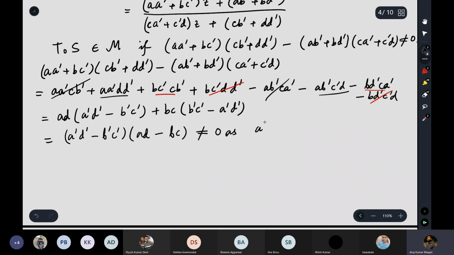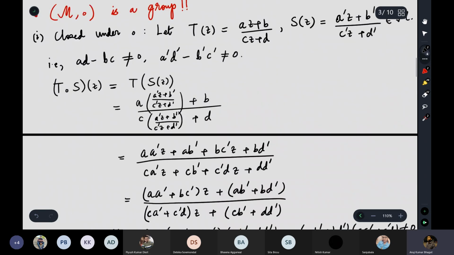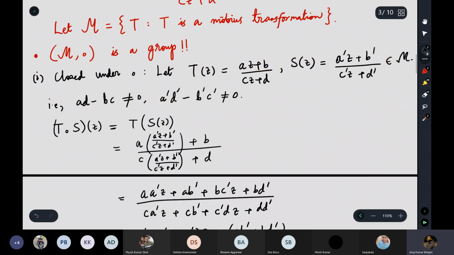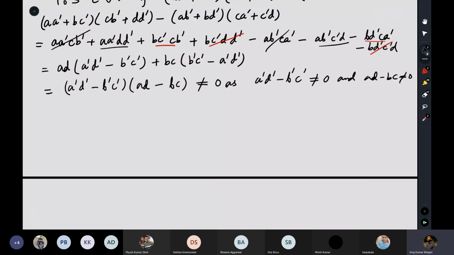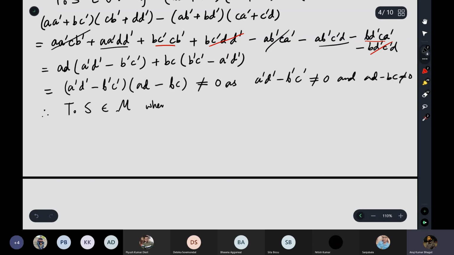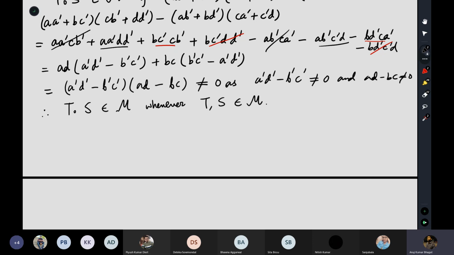As A'D' minus B'C' is non-zero and AD minus BC is also non-zero, these two being non-zero definitely guarantees that this is also non-zero. So therefore T composition S is in M whenever T and S are in M. Okay, so the first condition has been satisfied.